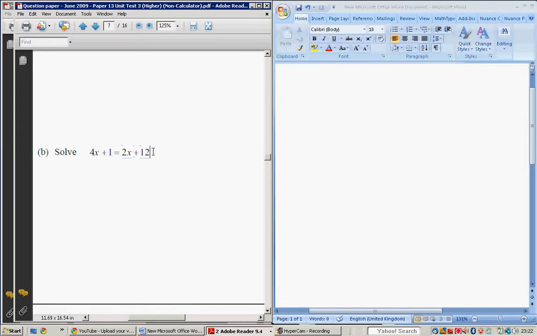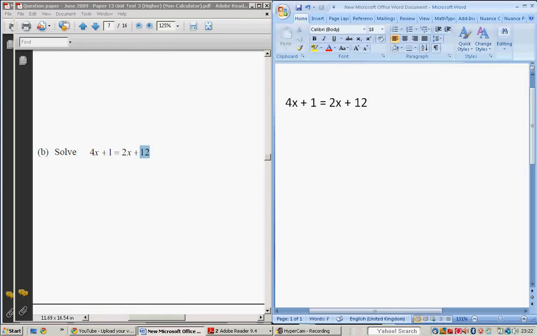So we need to find out what number times 4 plus 1 gives the same result as that same number times 2 plus 12. So we start by writing down our equation. I know it's an equation because it has an equal sign. And we have 4x plus 1 equals 2x plus 12.